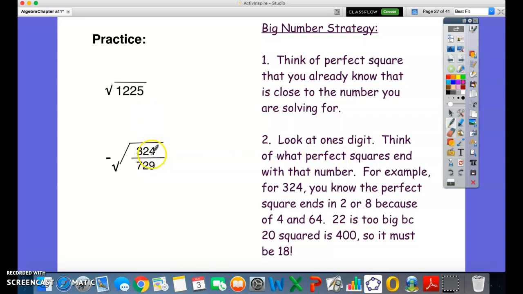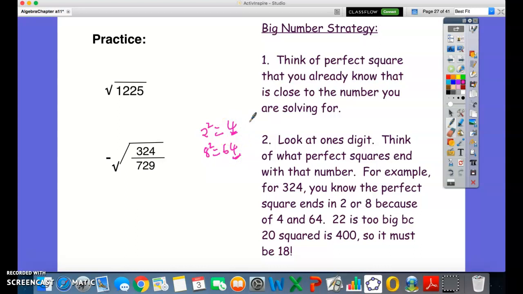The ones digit is 4. Think of what perfect squares end with that number. For example, for 324, to get a 4 at the end, 2 squared is 4, or 8 squared is 64, so the last digit will be 4.